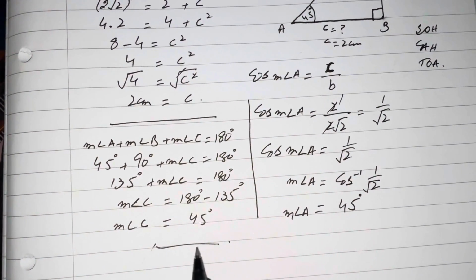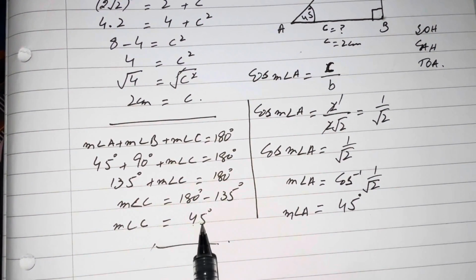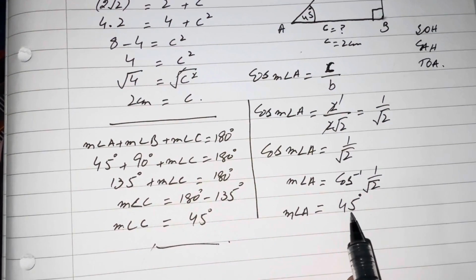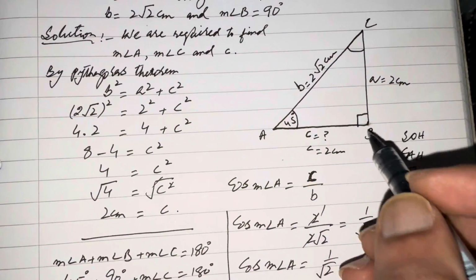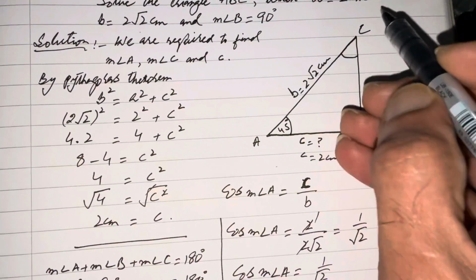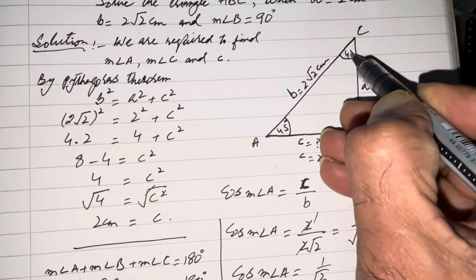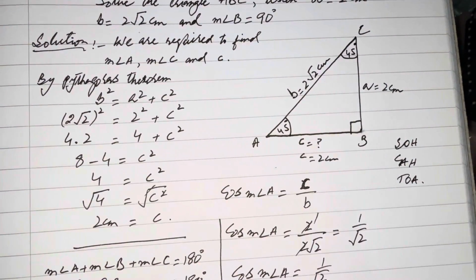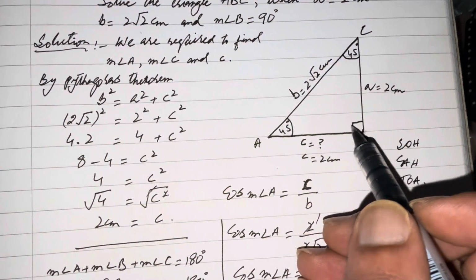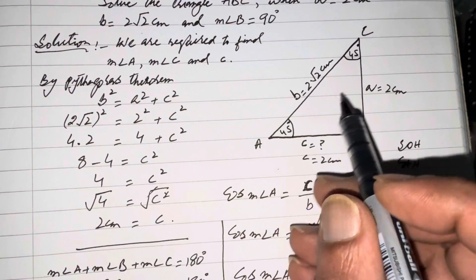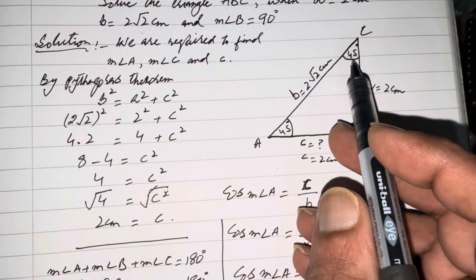So measure of angle C is 45 degrees, measure of angle A is 45 degrees, and the measure of angle B is already given as 90 degrees. So we can say that this angle will also be 45 degrees. So it is understood that if we subtract two angles, we can find the third angle.